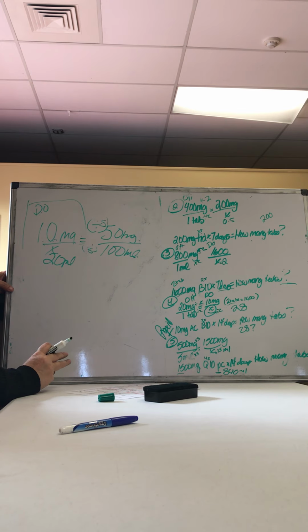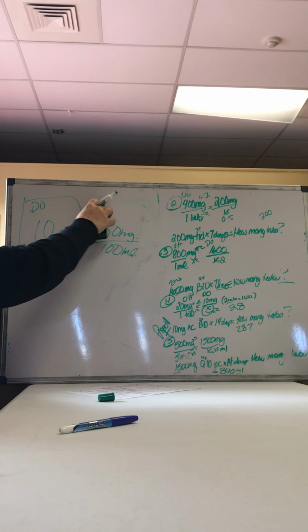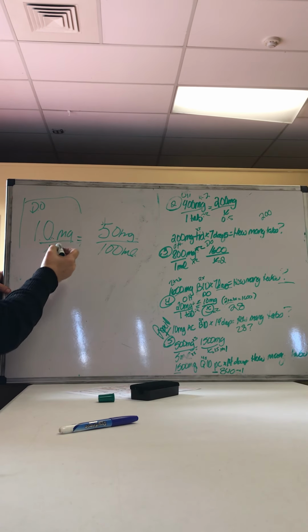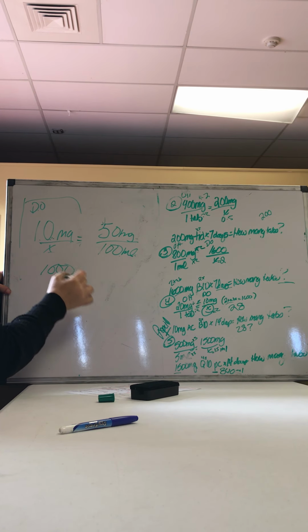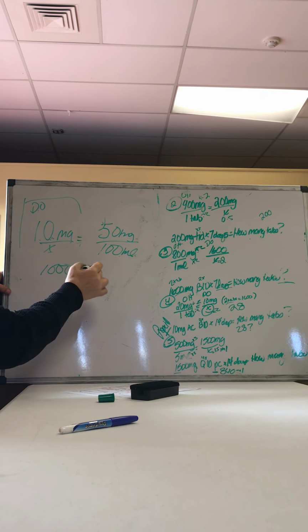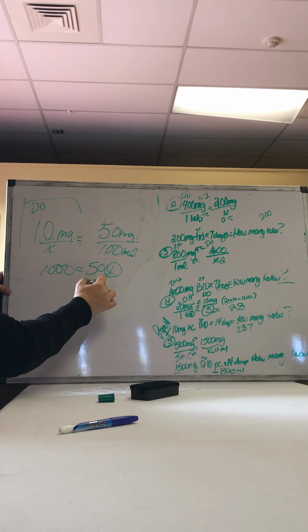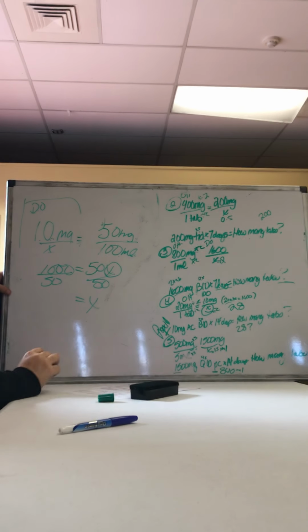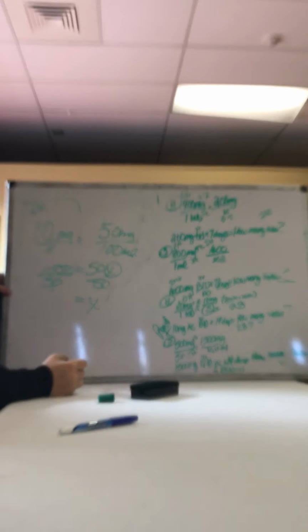Okay. And if you do it the other way, let me show you the other way to check your stuff. So 10 times 100 is what? 1,000. 1,000. 50 to x. So 50x. We want the x by itself. We're going to divide by 50. So x equals 1,000 divided by 50, which is 100 divided by 5.